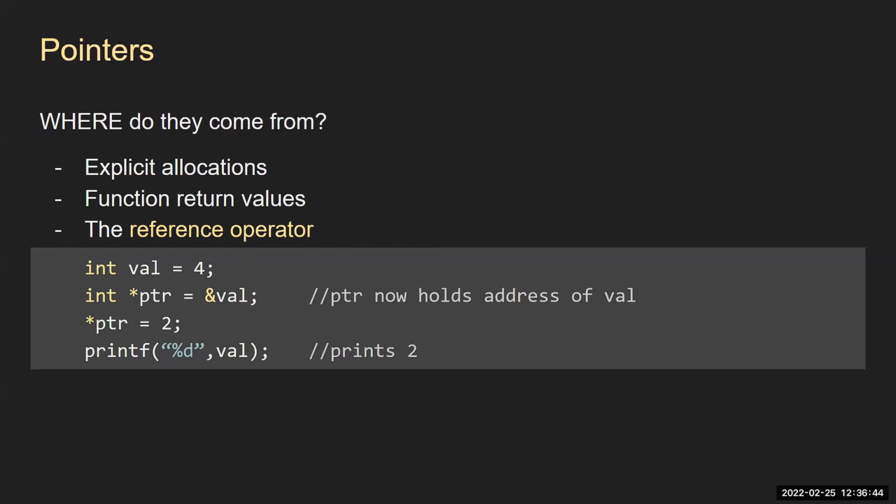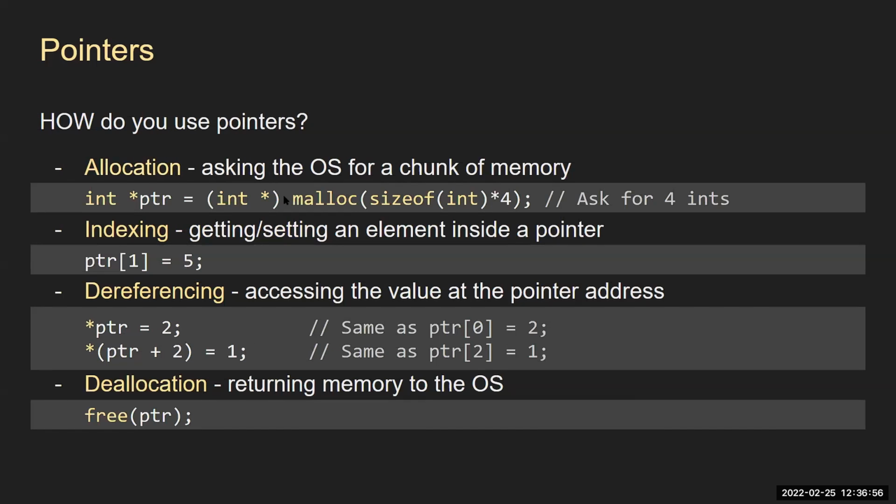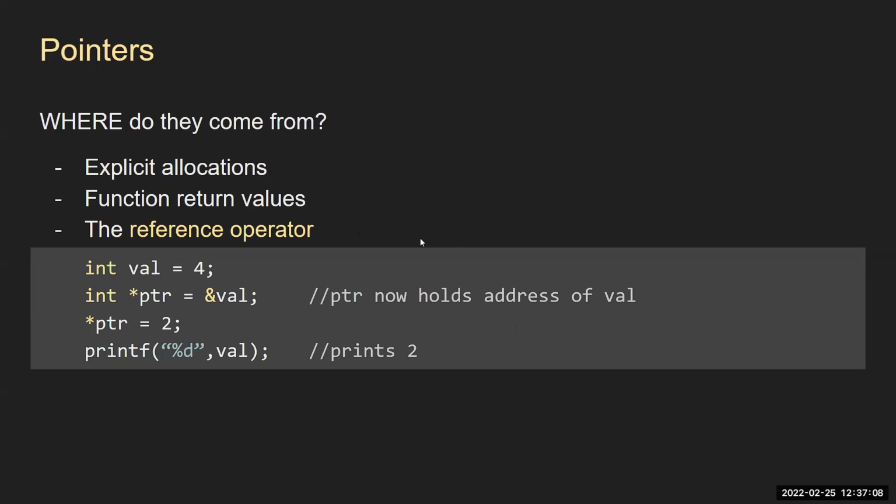So here, this is value, this is pointer. I think I see. In this example, there is no explicit allocation. Actually, this right here is an explicit allocation. Oh, I see. Yeah, that's the explicit allocation right here. Okay, thank you. No problem.